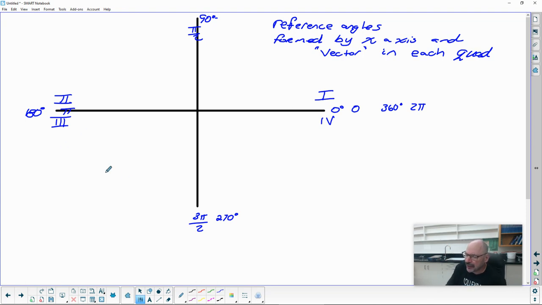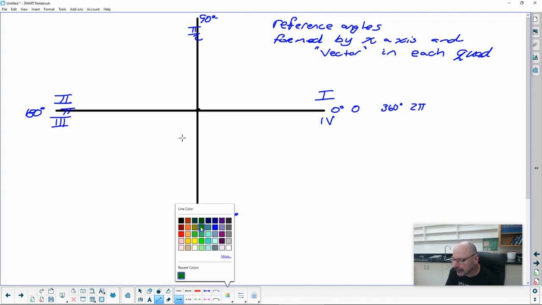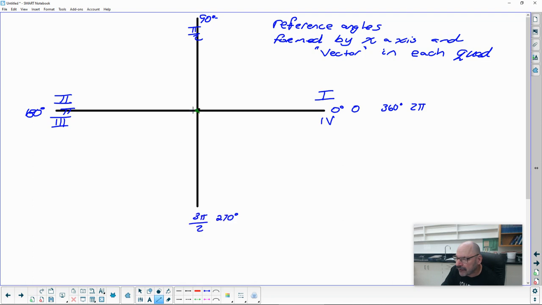Let's do one in the second quadrant. Let's say I have this angle here. Let me use an arrow instead of a straight line, and maybe I'll change colors so that we can tell. We'll do degrees rather than radians, just so it's a little bit easier to do the math, subtract and add from.